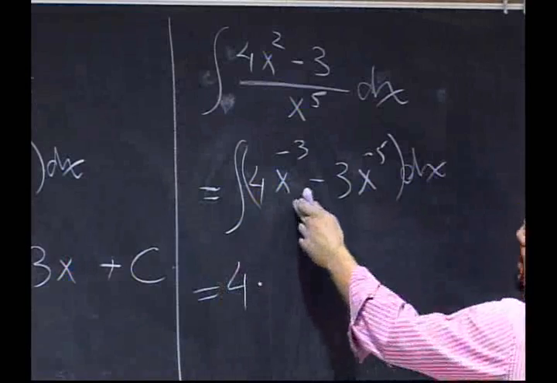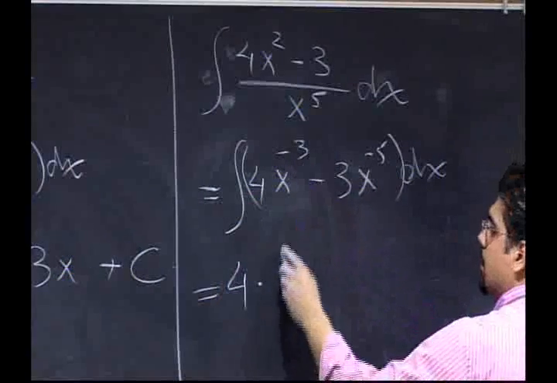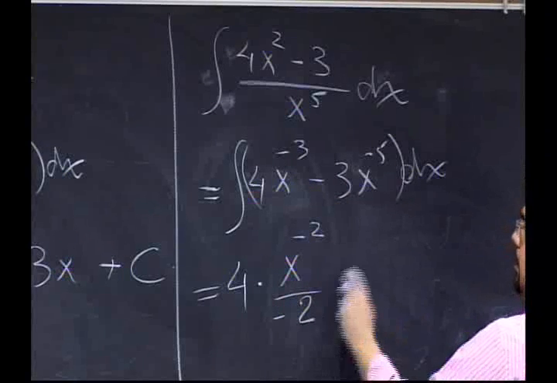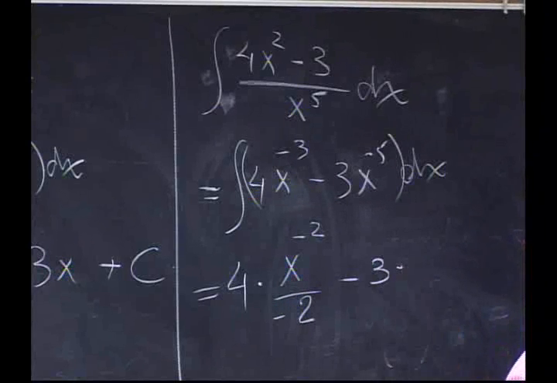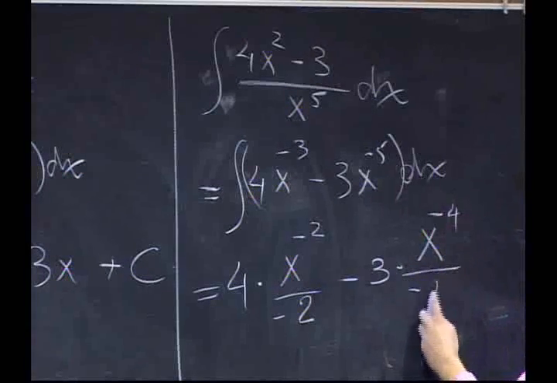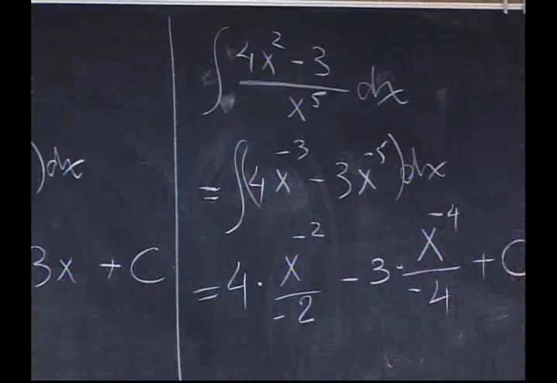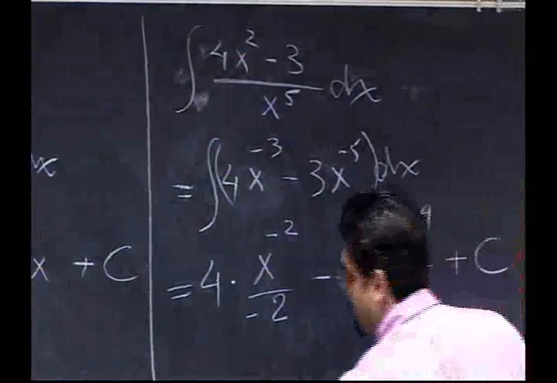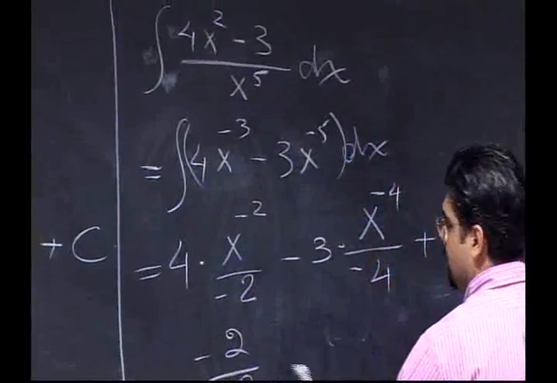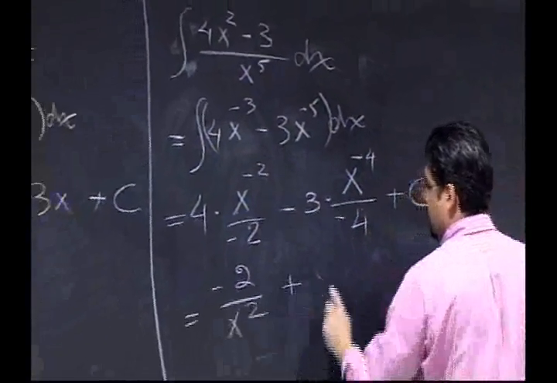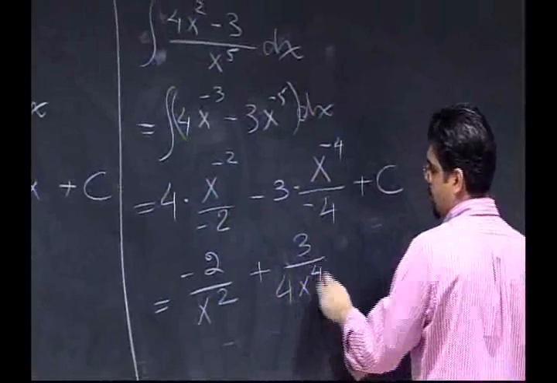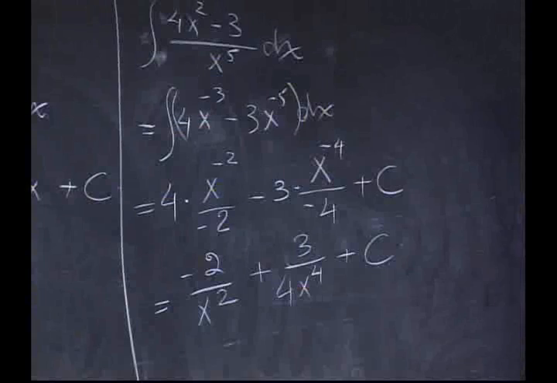So we have to add 1 to this power and then divide by the resulting power. Constant times, again, add 1 to this power and divide by the resulting power. Now we can simplify this. So this would be negative 2 over x squared plus 3 over 4x to the 4. Right?